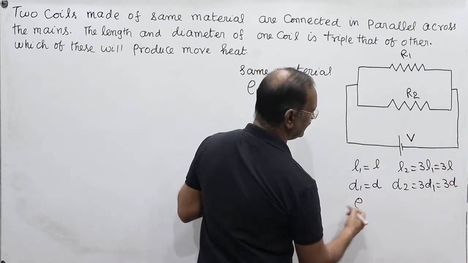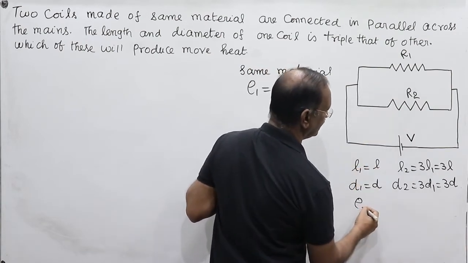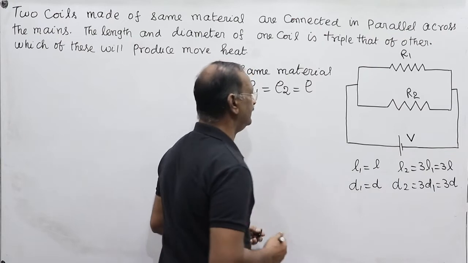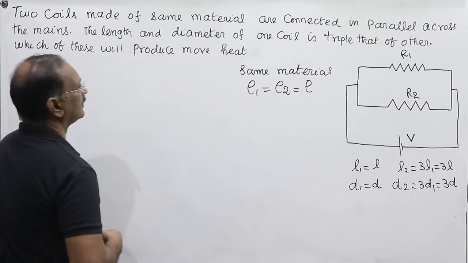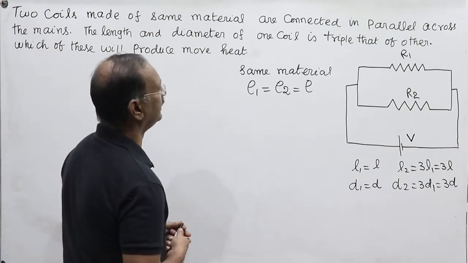And we know it is made out of the same material. Same material means both will have the same resistivity, as we have written already. Correct? Okay. Which of these will produce more heat?